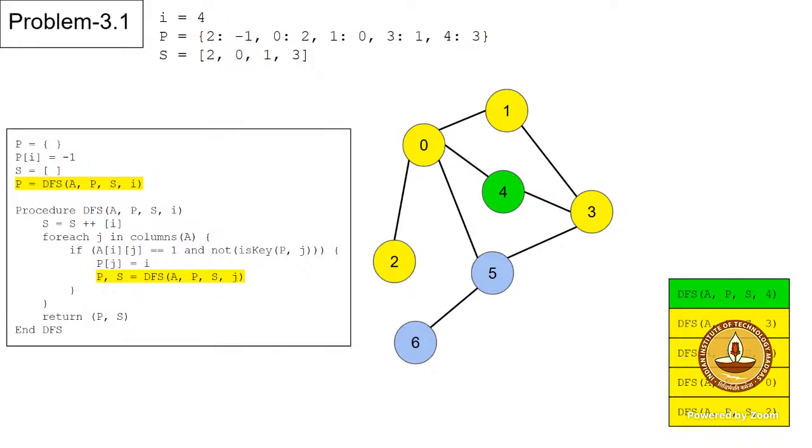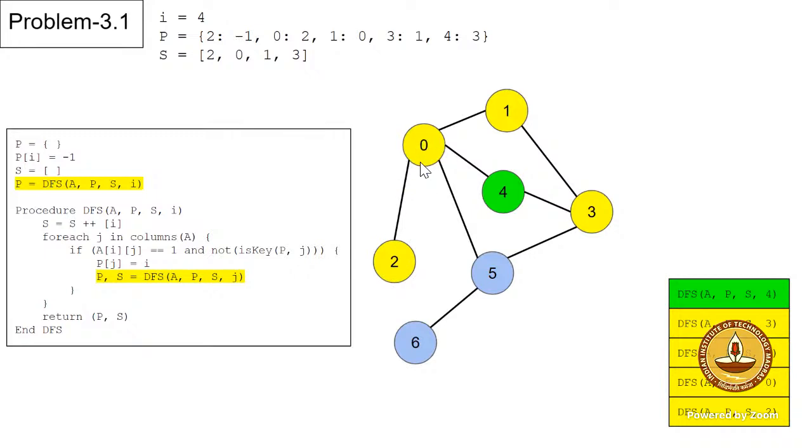In the second line, ma'am, the P dictionary is written, where the first node 2 has -1 and 0 has 2. Yes, because 2 is our starting node, so we are starting our traversal from here. 2 is marked to -1, and from 2 we are visiting 0.